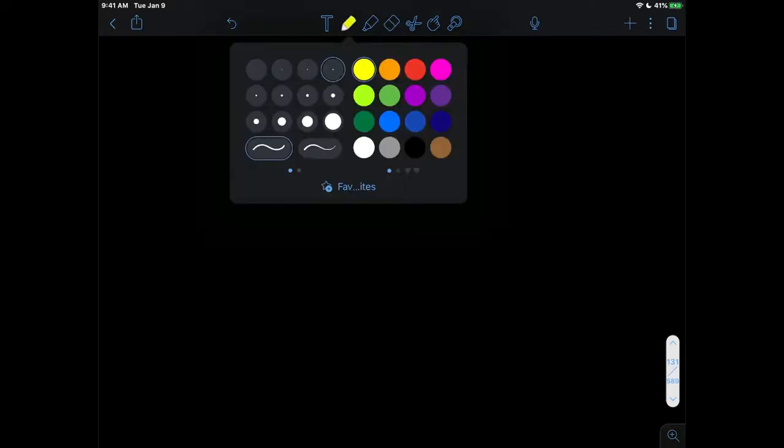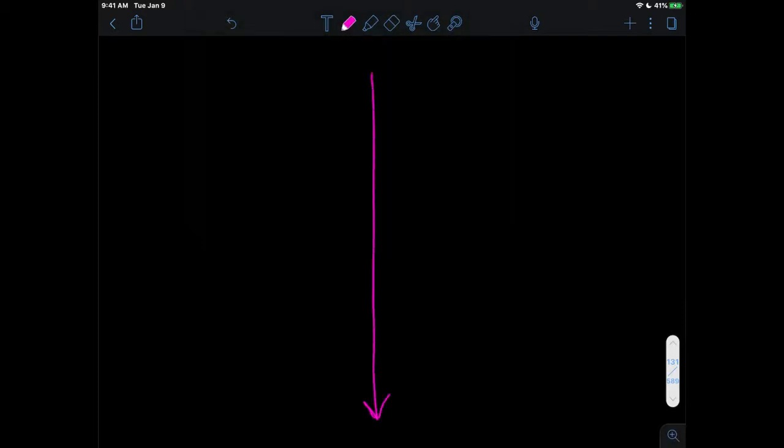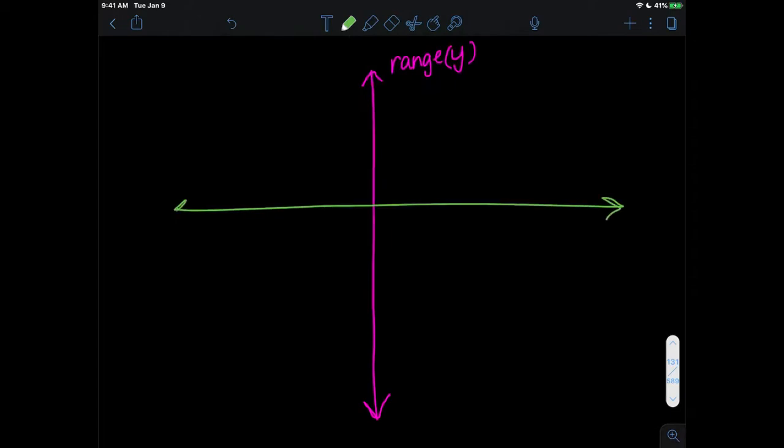First thing, whenever I'm graphing anything, doesn't matter what it is, I always have two axes. I have my range, or my y-axis, and I also have my domain, or my x-axis, right?